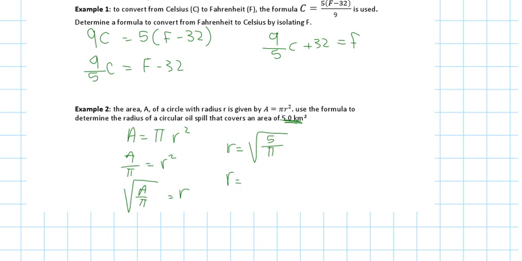Therefore, the radius of the circular oil spill is 1.3 kilometers. So you know the area, you're looking for the radius, right?